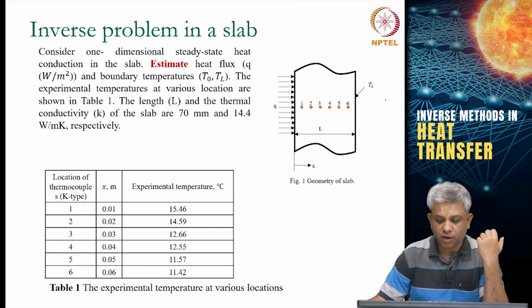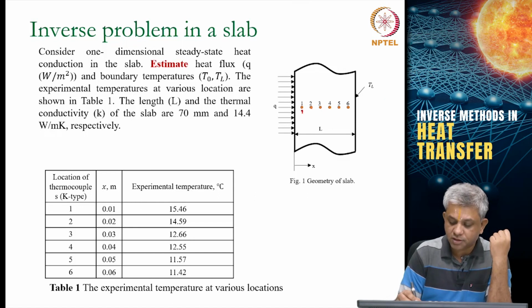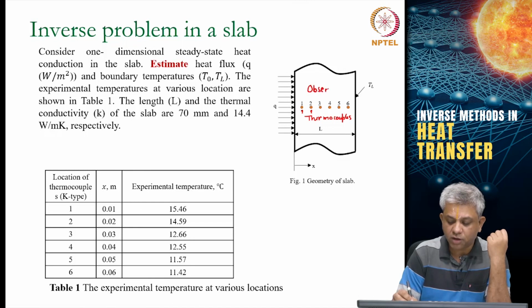So, here is the inverse problem. Suppose you are given something else. Instead of giving you the left and right temperatures, suppose I give you measurements based on thermocouples. Remember what we talked about earlier about making a series of observations.